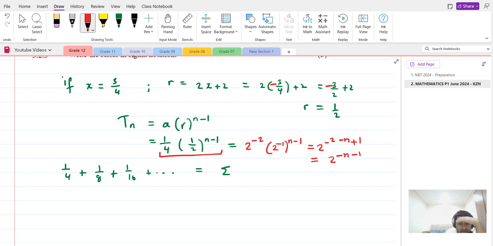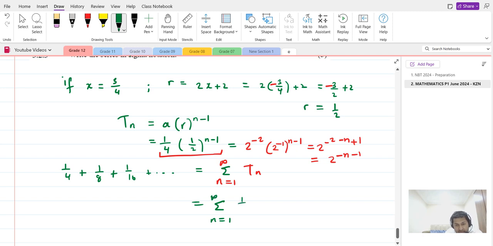1 over 8 divided by a quarter is a half, yeah, that's right. So we got n equals 1 to infinity, because that's an infinite series, of the Tn formula. What's the Tn formula?